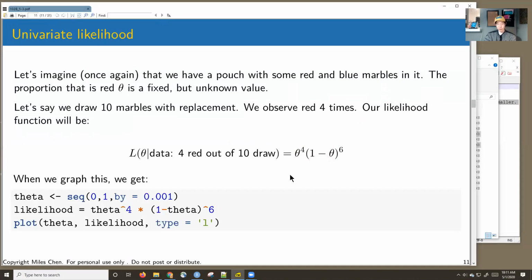Okay. If I want to, this is just going to be the product of a sequence. You know, red, red, red, red, and then not red, or blue, 6 times.